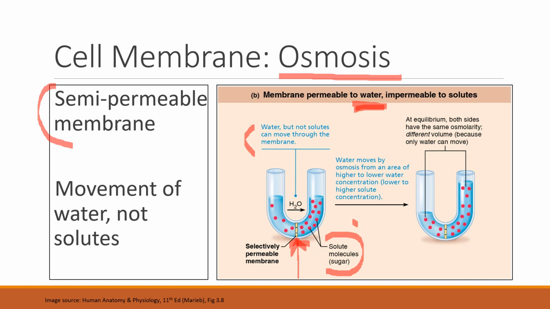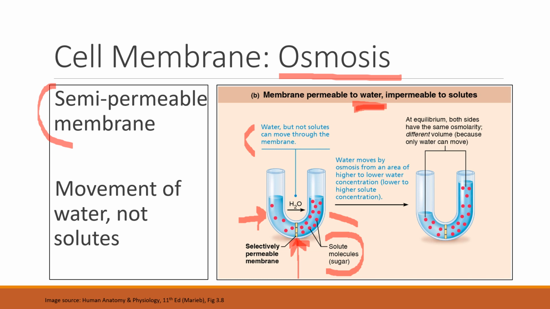So you can kind of see in this example, on this side of the tube, you've got a bunch of solute relative to this side of the tube, where there are relatively fewer solute particles. It means there's a higher concentration of solute on the right side compared to the left side. So what is the tendency of water to do?